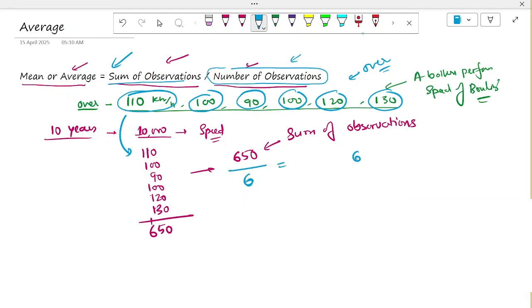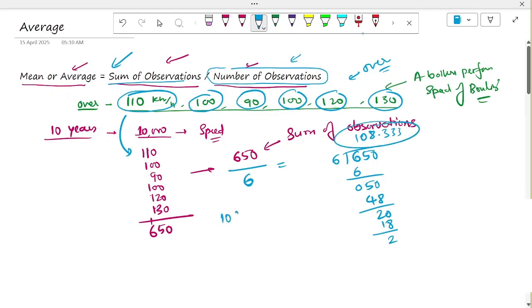What will be the average of this? 650 divided by 6 gives 108.333.